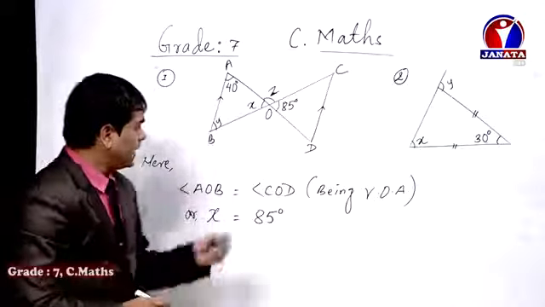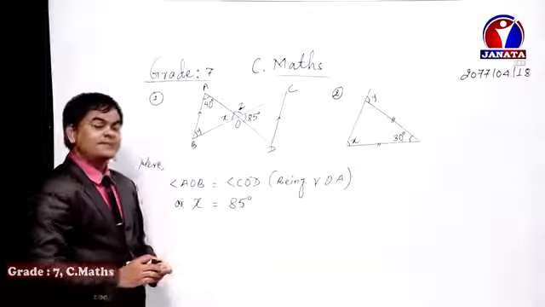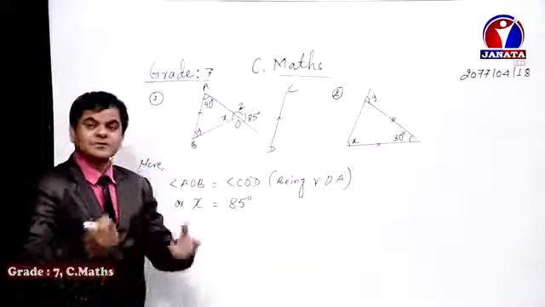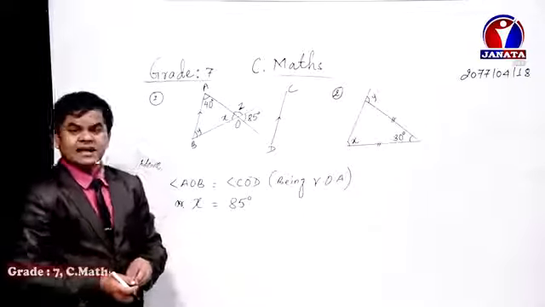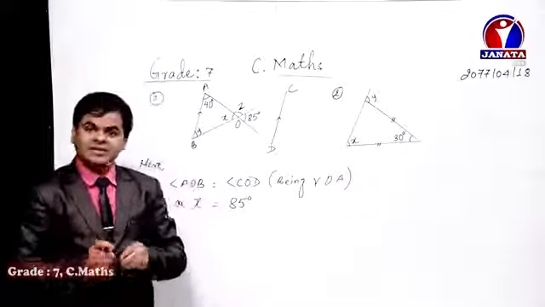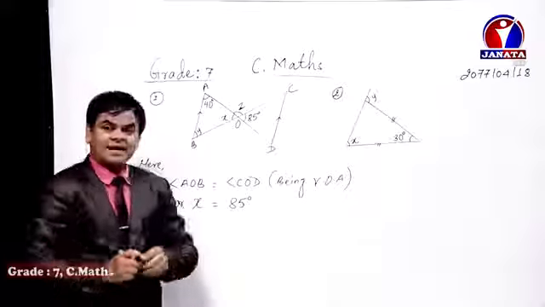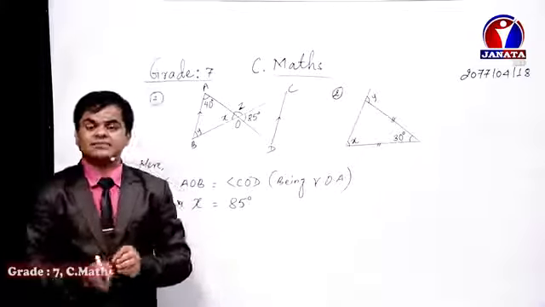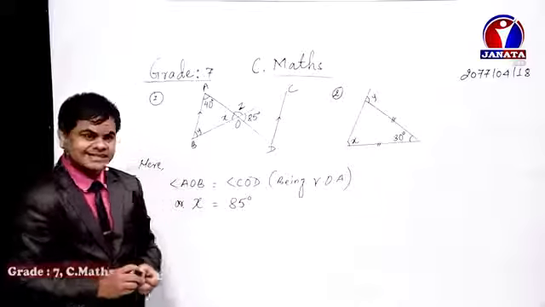Dear student, in the bygone days I had discussed the sum of angles of a triangle, the different types of angles, and different types of triangles, whether the triangle is scalene, right angle, isosceles or equilateral. It doesn't matter whether the triangle is bigger or smaller, the angle sum becomes 180 degrees.